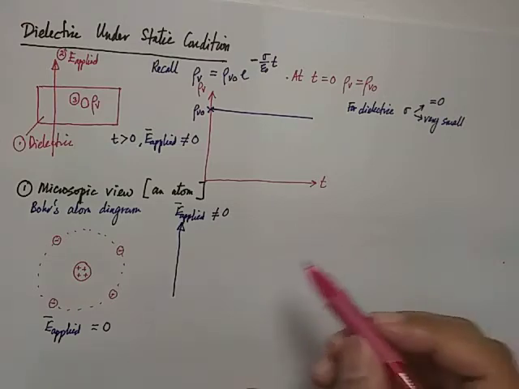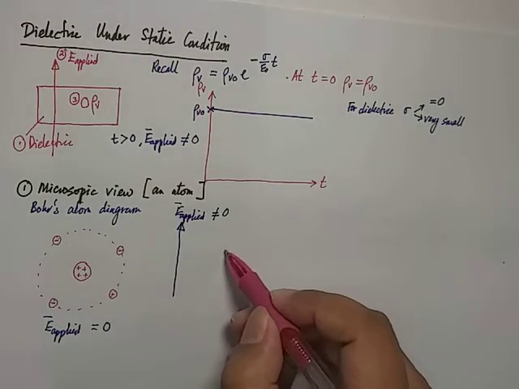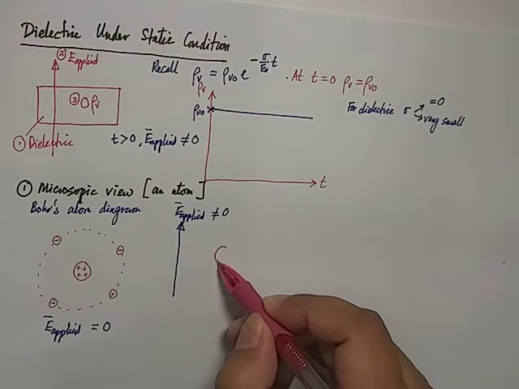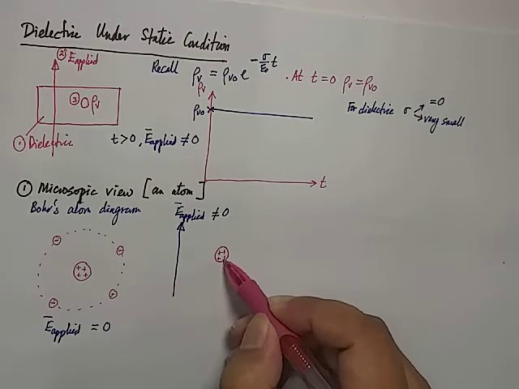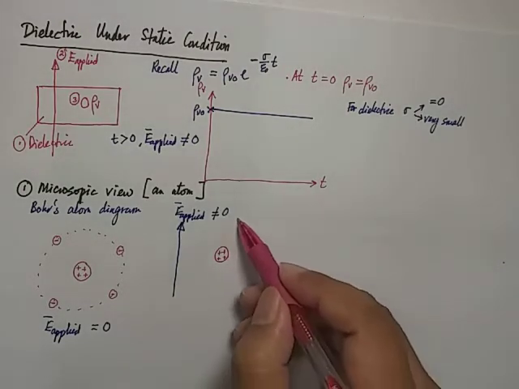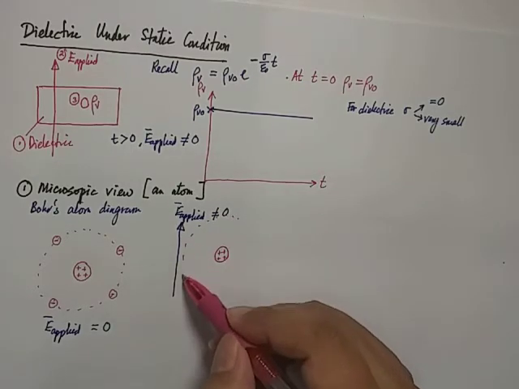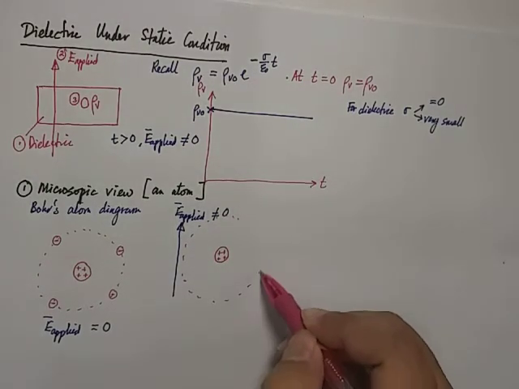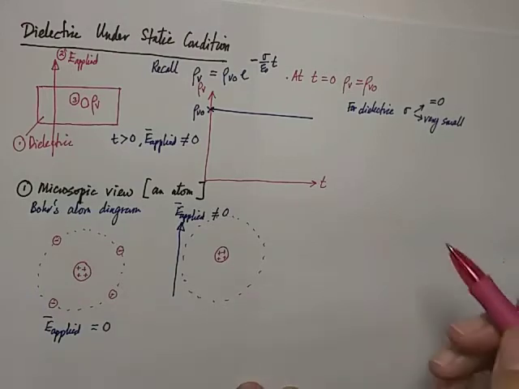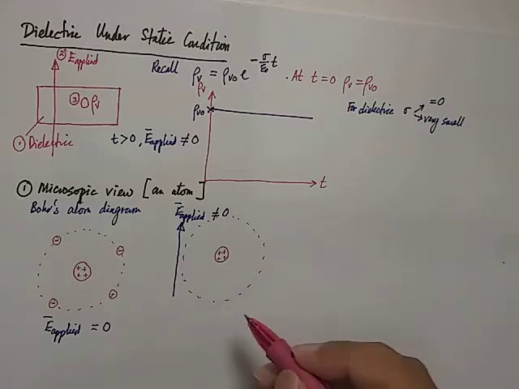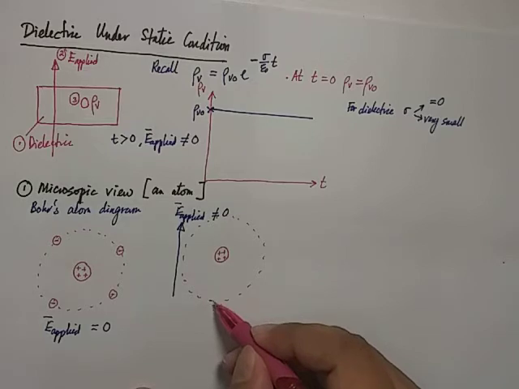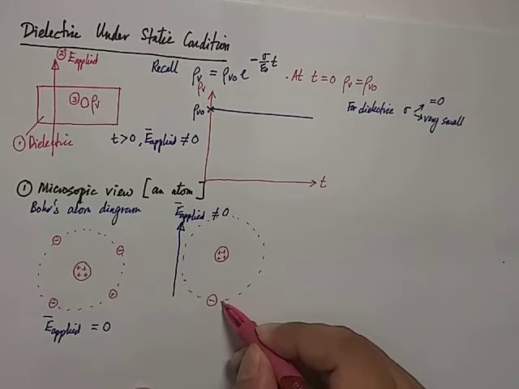What will happen in terms of the actual structure? The nucleus will be the same because it is very large, and the orbit is still there. That's actually the structure of the atom. But the only difference here is that the electron will be forced to appear in this particular position.